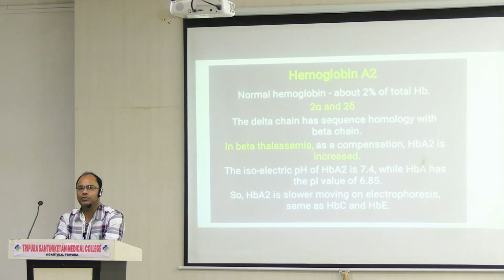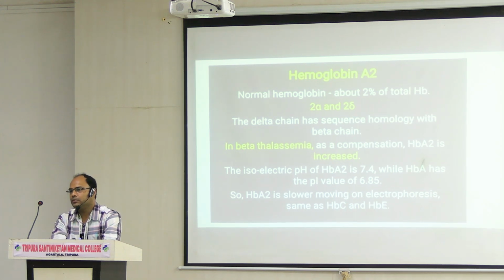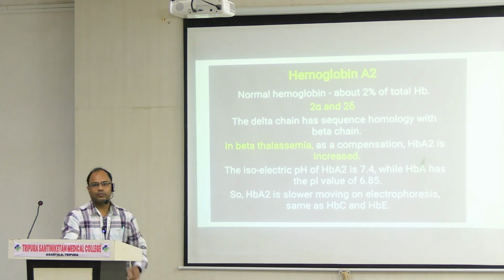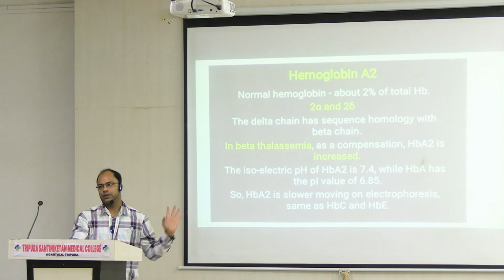If you study hemoglobin electrophoresis in a thalassemia patient, you can see the A2 level is increased. I have seen this. When I worked in AIIMS, they regularly did hemoglobin electrophoresis, so I could study this. These are not magic, these are all science actually.